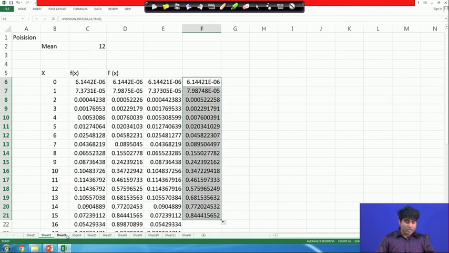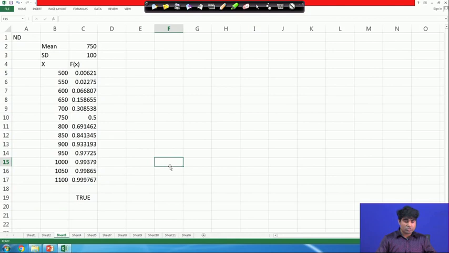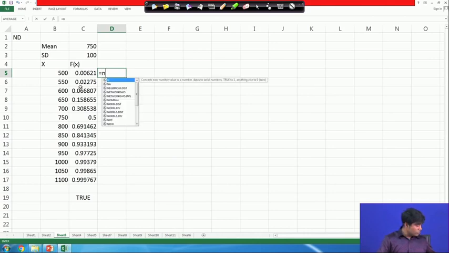Again, you go to the normal distribution. In the case of normal distribution, again the same things, here you have to report the two parameter values, mean and standard deviation, and the variable specification. I have specified here the range of random variable x. Again the same structure, you put an equal to sign, and then you put the normal distribution function, and here normal distribution will come by default.